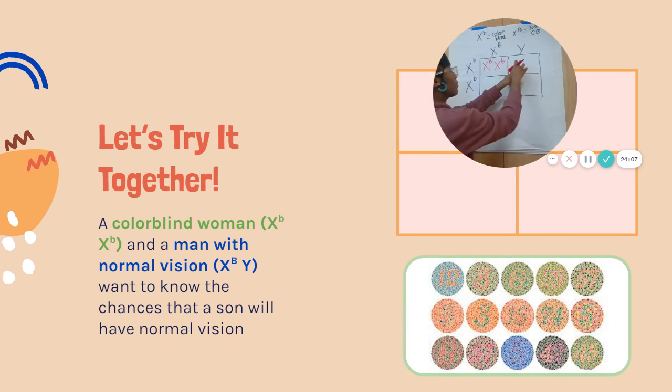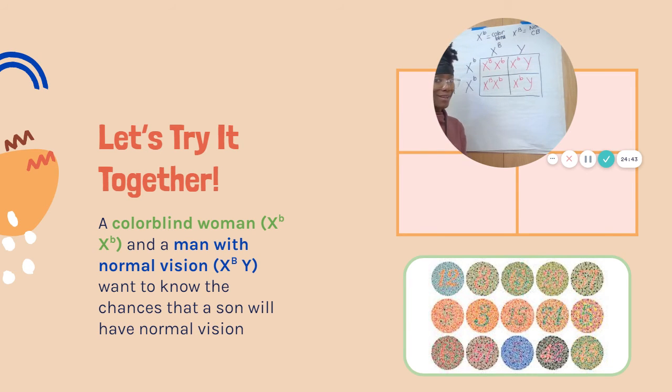Next one, X little b, Y. Still with me? Right here, X big B, X little b. Last box, X little b, Y. Okay.